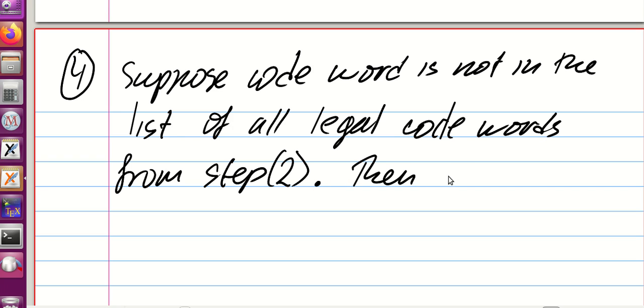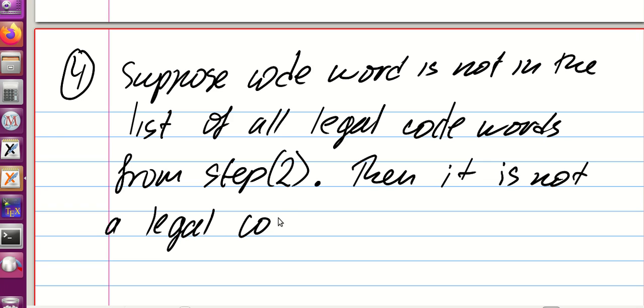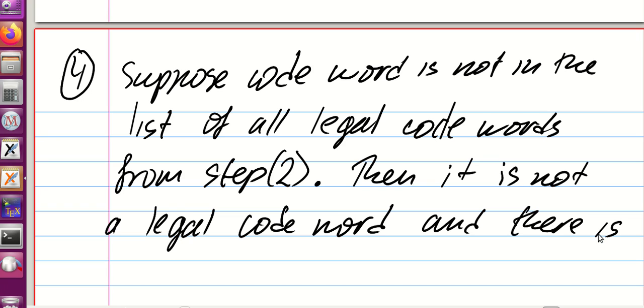Then it is not a legal code word, so that means there is an error.